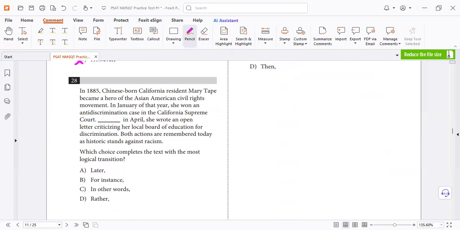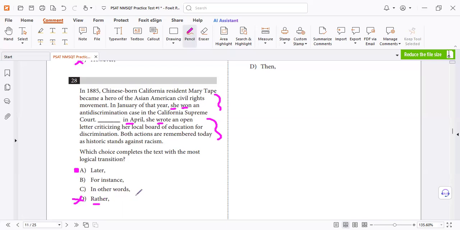D. Why not A? I said later. So this means sequence of actions. In January of that year, she won. In April, she wrote. So that means sequence of actions. Rather means contrast, like however, but there is no contrast between the ideas.